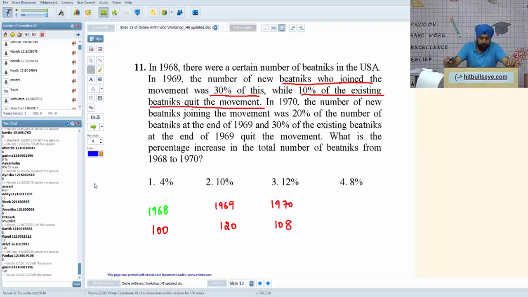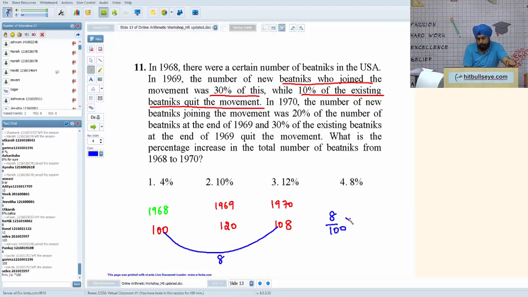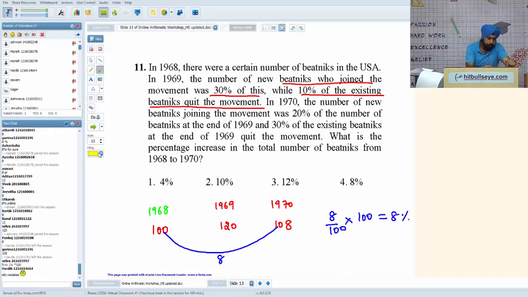Now the question says what is the percentage increase from 68 to 70. Now 108 is how much more than 100? It is 8. Now 8 more than 100 in percentage terms becomes 8% only. Right, students? So your answer comes out to be choice number 4.